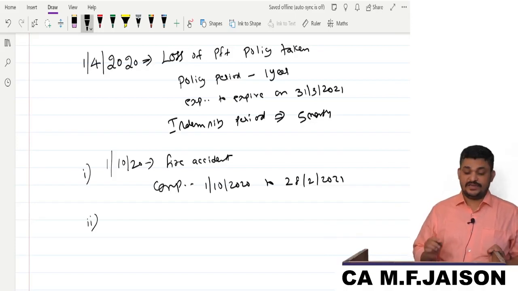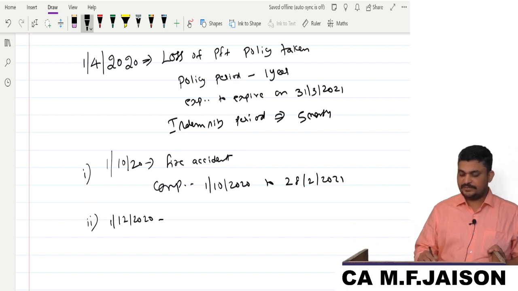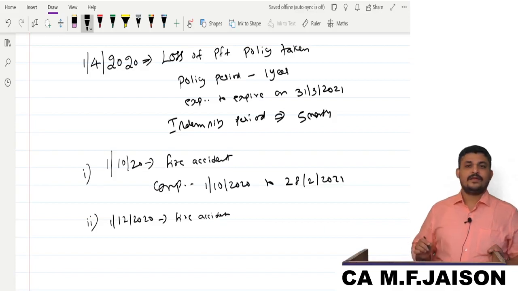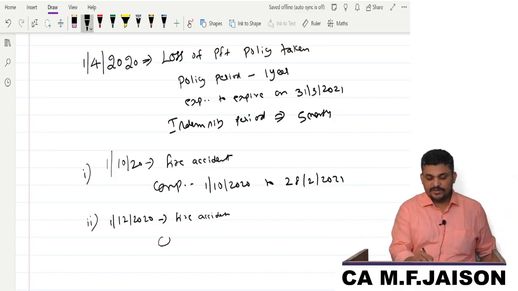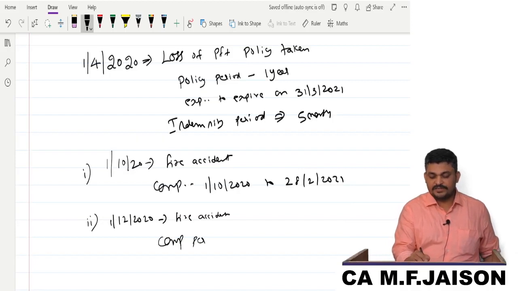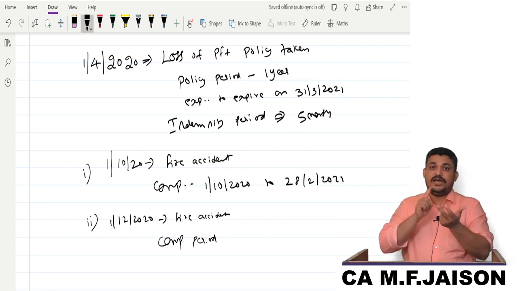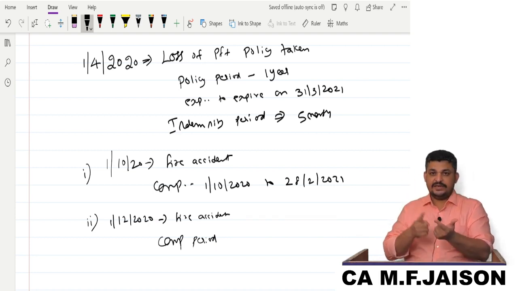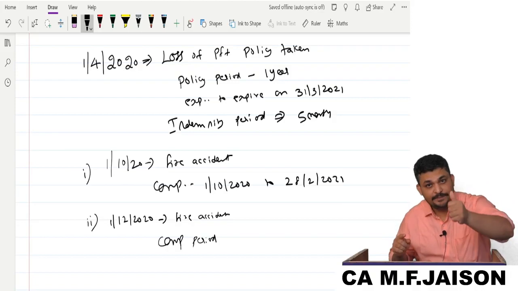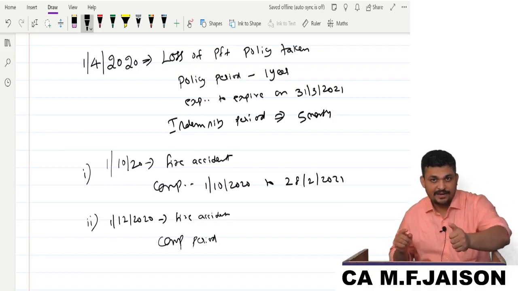So, suppose, my dear friends, a fire accident took place on 1st December 2020. What is the compensation period? The compensation period will be December, January, February, March, April.